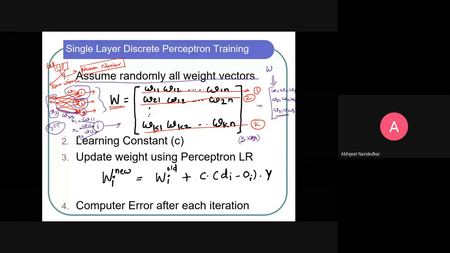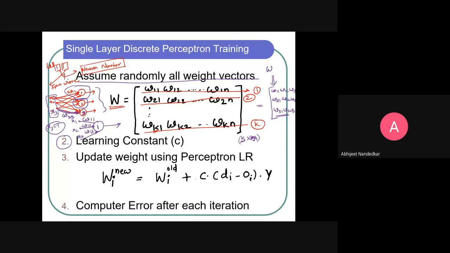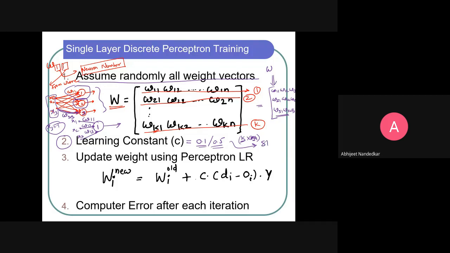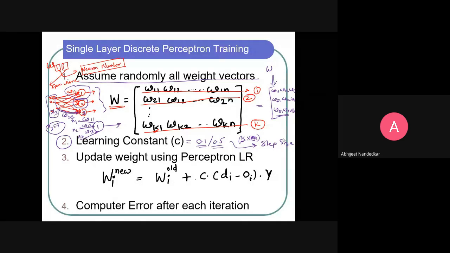Now the next step is the learning constant. So assume some learning constant, maybe say 0.1. Sometimes for simplicity we take 0.5. You just choose as per your wish. It will control the step size. In practice we keep a small number in the range of 0.1, 0.2.